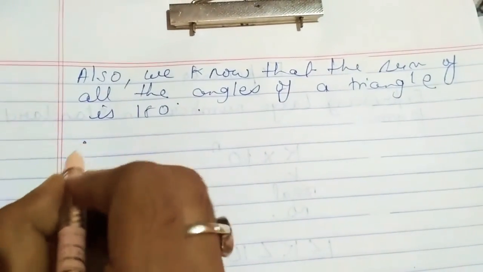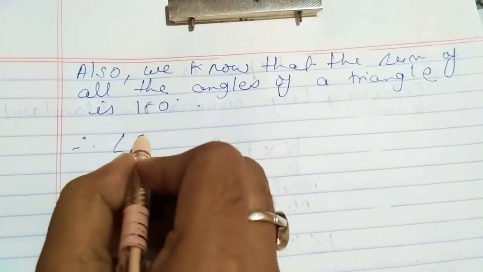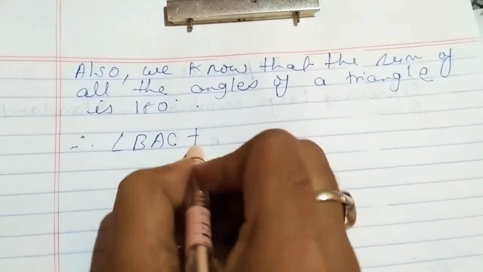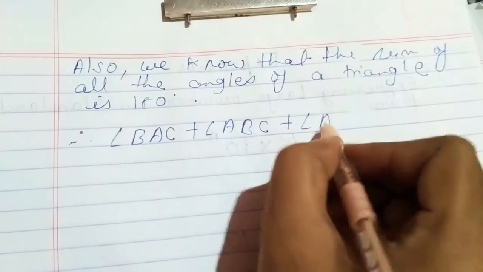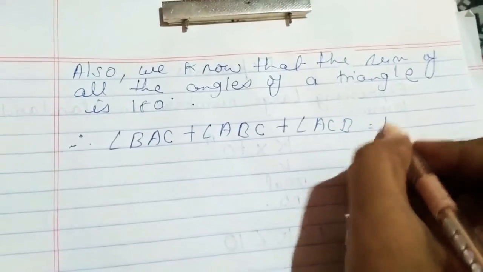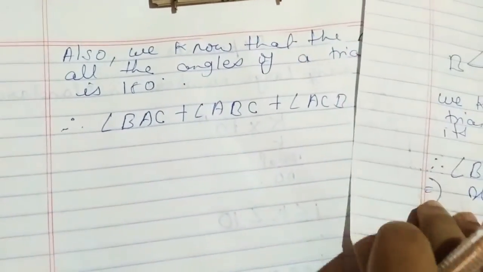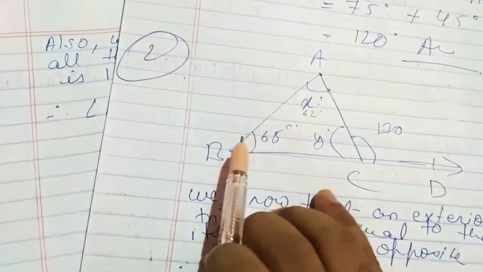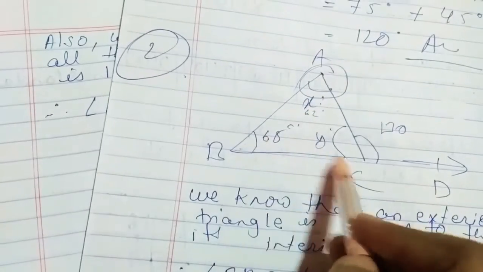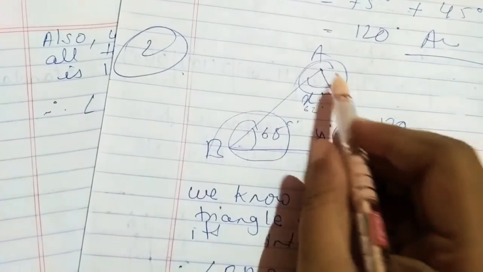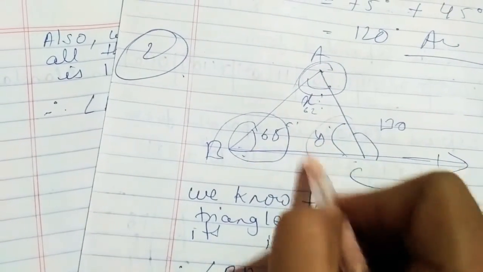Therefore angle BAC plus angle ABC plus angle ACB equal to 180 degree. Just check it here. BAC, that means this angle, ABC, this angle, and ACB, this angle, is equal to 180 degree.